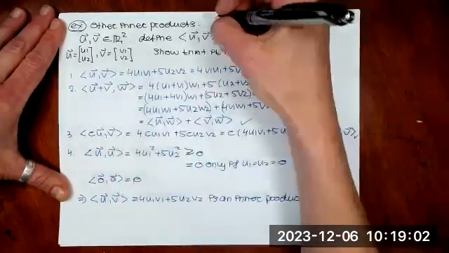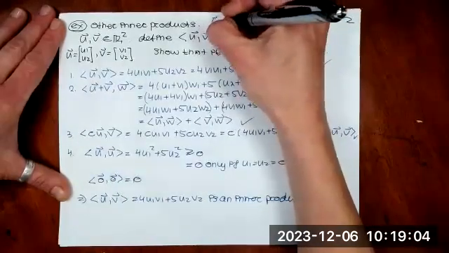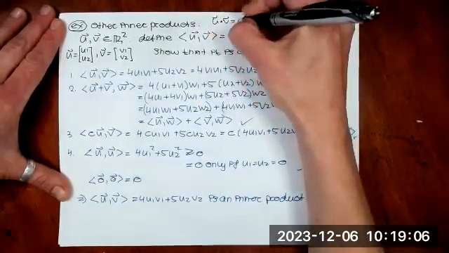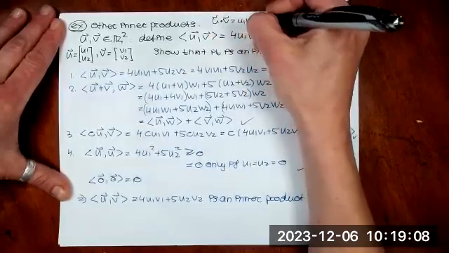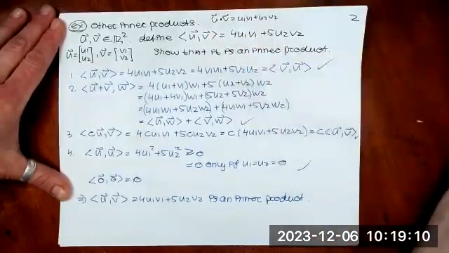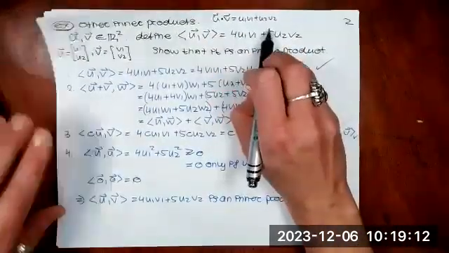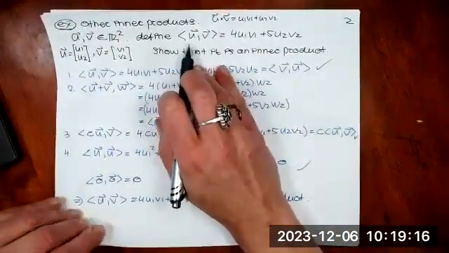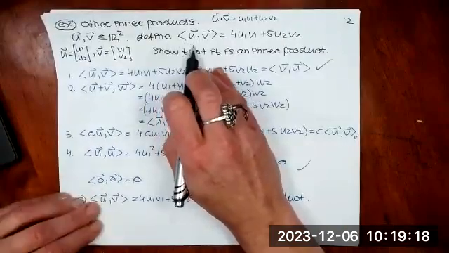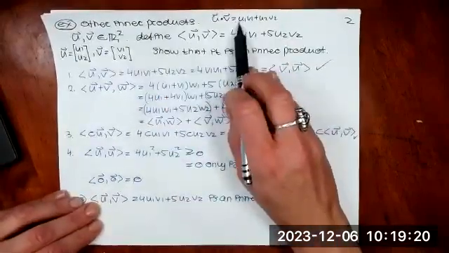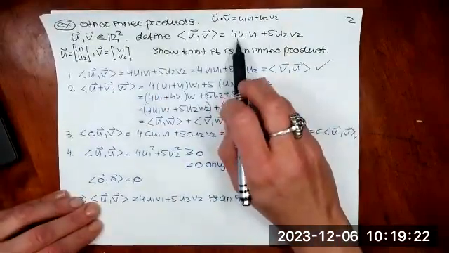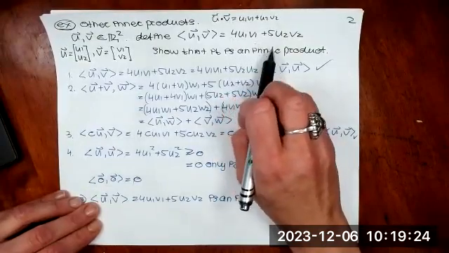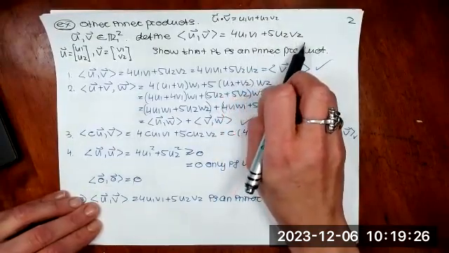The dot product U dot V would be U1 V1 plus U2 V2. That was the standard inner product. But I can define a different inner product: not U1 V1 plus U2 V2, but 4 U1 V1 plus 5 U2 V2.